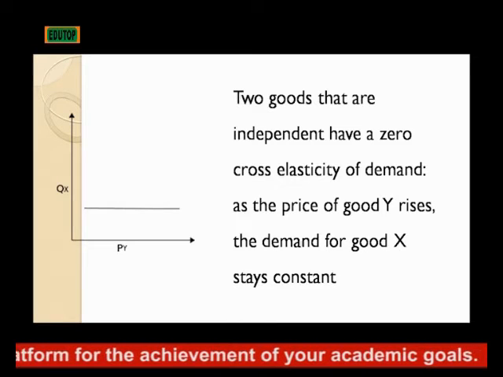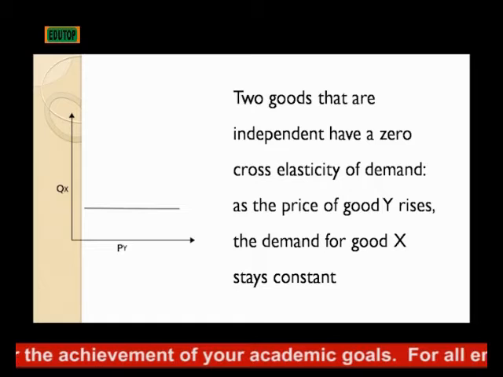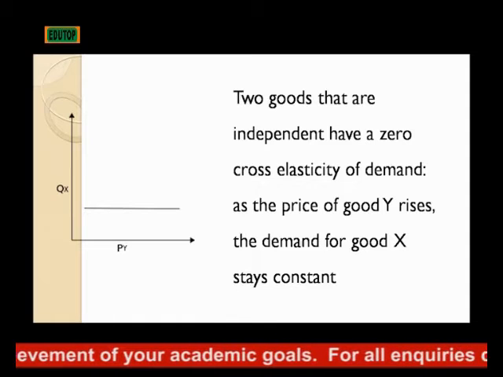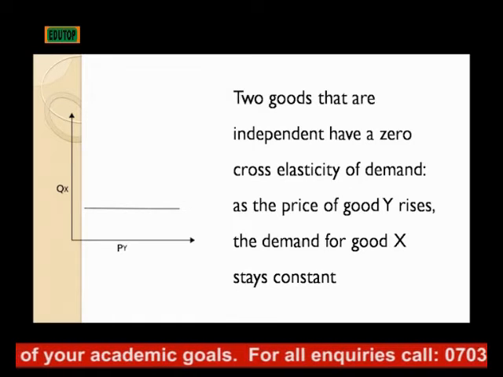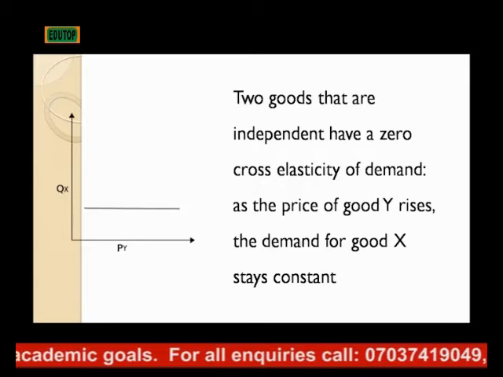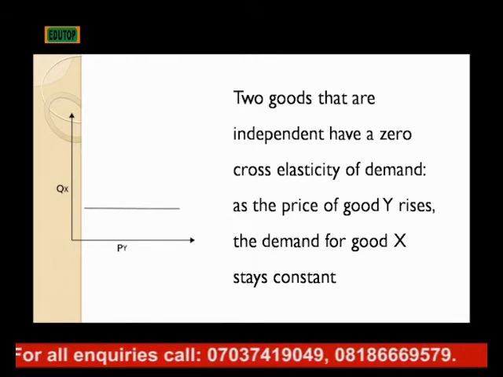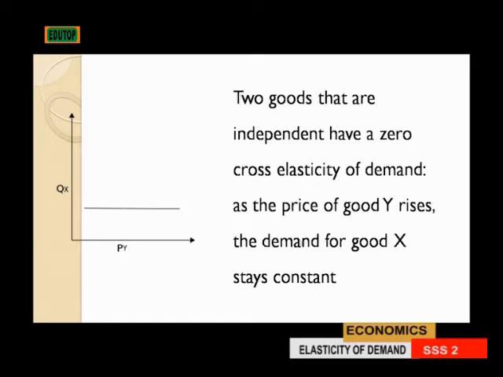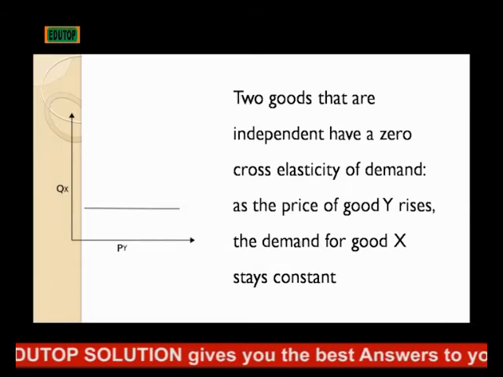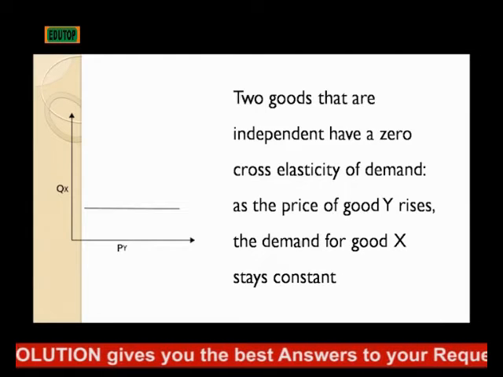Also, we can have two goods that are independent of each other. They are not related at all in any way. In that case, we have what we call zero cross elasticity of demand. When two goods are not related at all, an increase in price of one will not in any way affect the demand of the other.